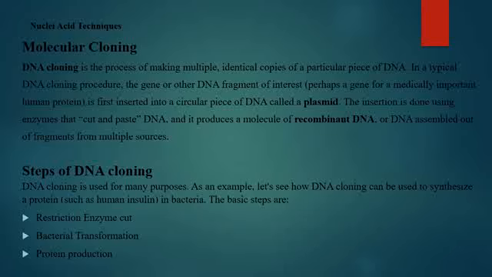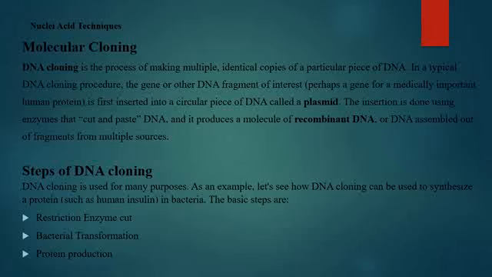The insertion is done using enzymes that cut and paste the DNA, and it produces a molecule which we are calling a recombinant DNA, a recombined DNA, or DNA assembled out of fragments from multiple sources. So you bring different DNAs from different sources and you merge them.